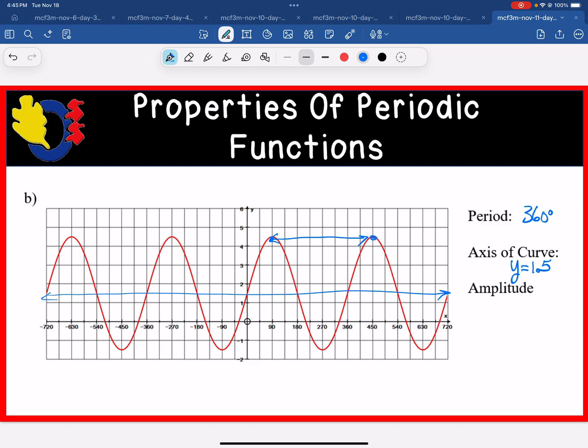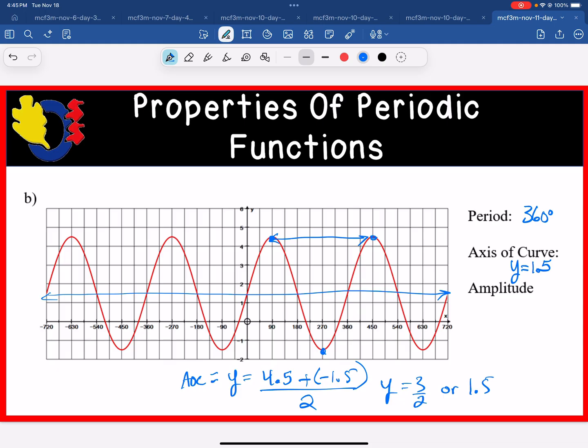Again, if you want to calculate the AOC, my max is 4.5 and my min is negative 1.5, so 4.5 plus negative 1.5, and then divided by 2. So we would get 3 over 2, or if you want to work with decimals, 1.5.